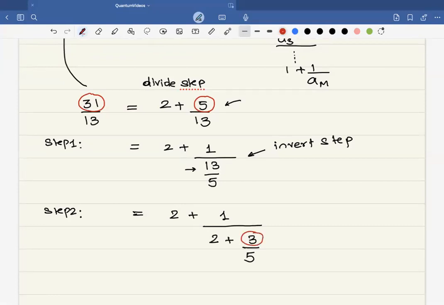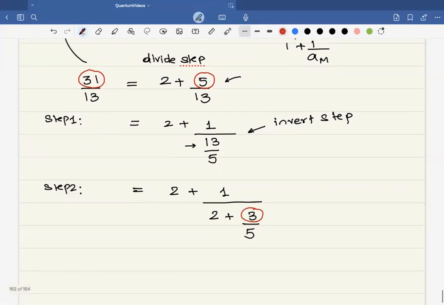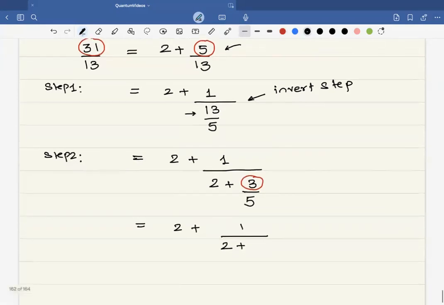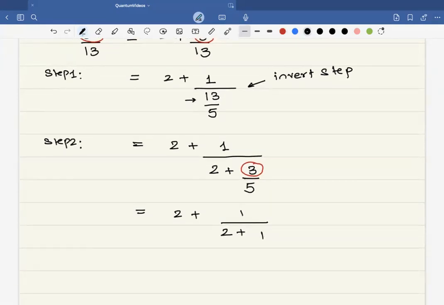So this is the divide part over here. And then I invert, which then becomes 2 plus 1 over 2 plus 1 over 5 over 3, right? So this becomes step 2, which is this is divide and this is invert.